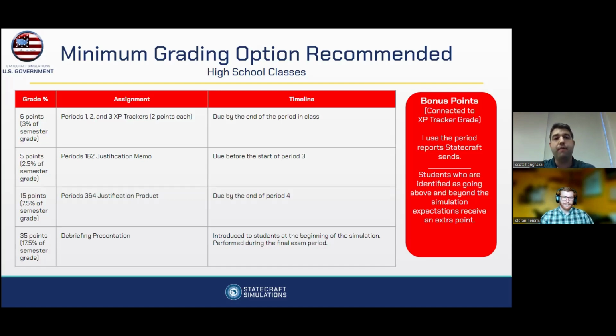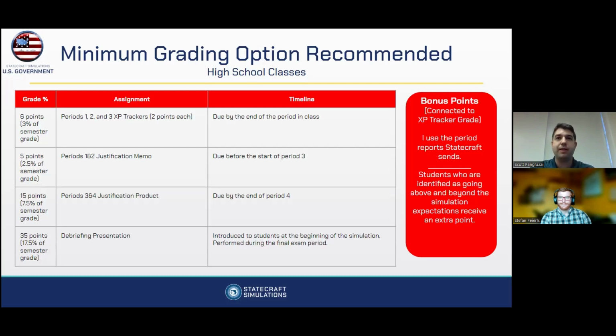I make this a little bit of a greater weight, 15 points, which is more or less 7.5% of their semester grade. And this actually came out of a student suggestion. I had a student who I wouldn't necessarily describe as a gamer, who was really frustrated with some of the things they couldn't do within the game.